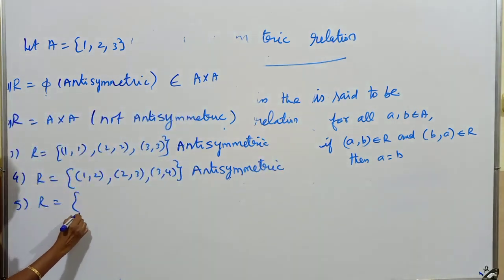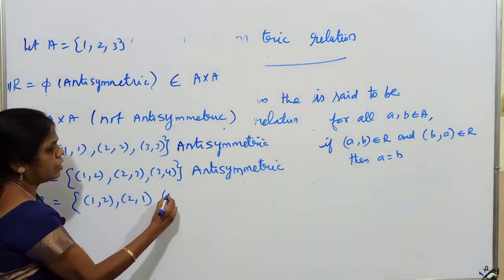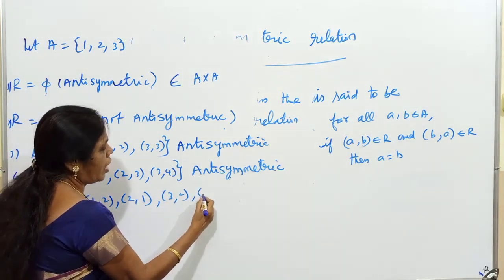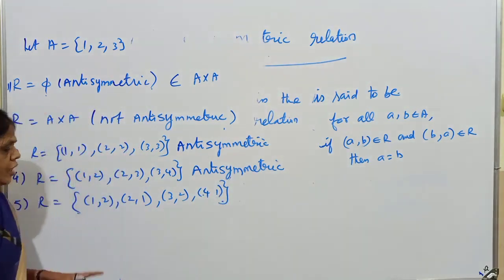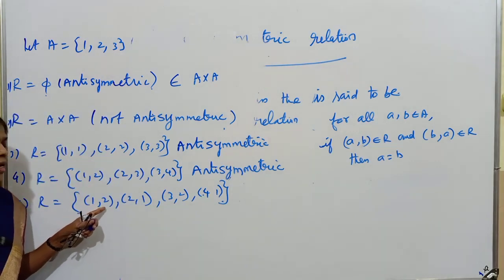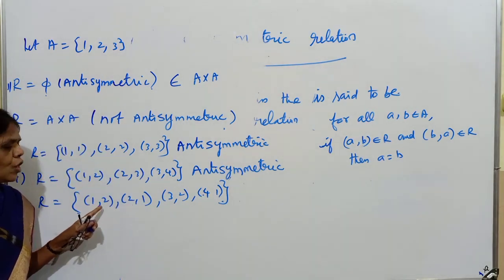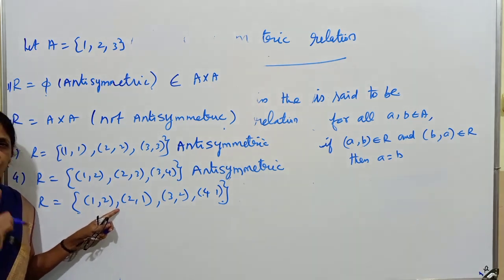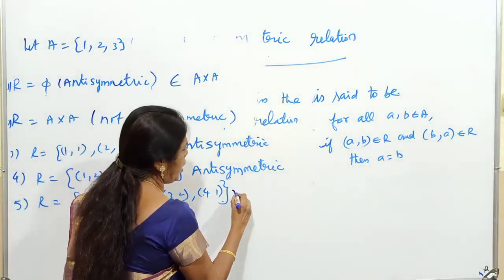The next one. R equal to {(1, 2), (2, 1), (3, 2), (4, 1)}. You can see that here (a, b) belongs to R, also (b, a) belongs to R. So the ordered pair inverse form, even one is there, it is not antisymmetric.